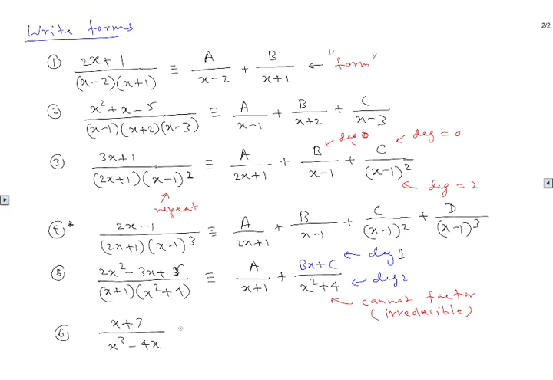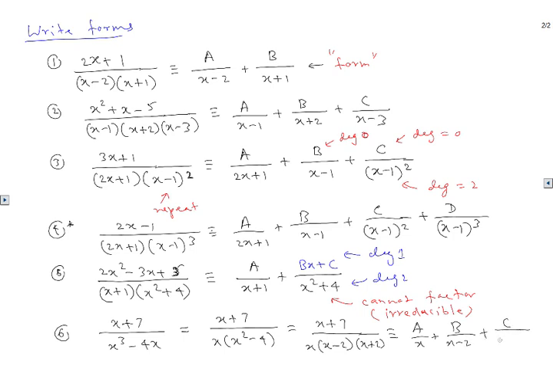If you factor this completely, you take x out and get x squared minus 4, and then you can factor this again, so you get x times x minus 2 times x plus 2. Now we can start writing the terms. It is a over x, and then b over x minus 2, and then c over x plus 2. So this is the form for this one.